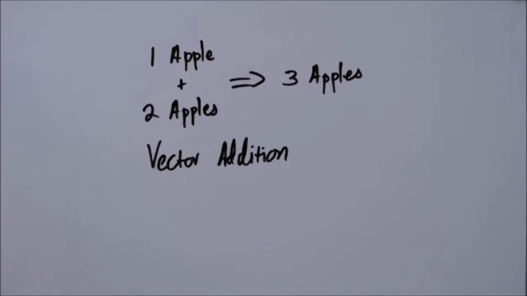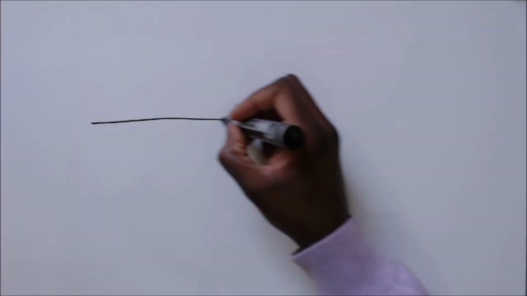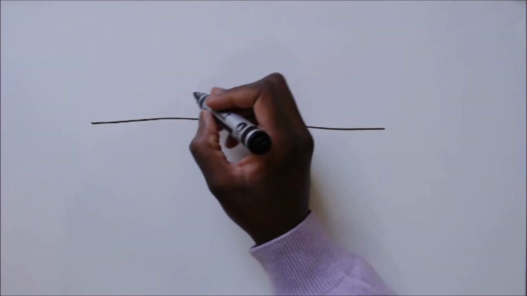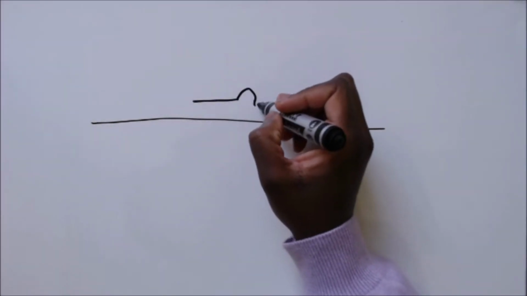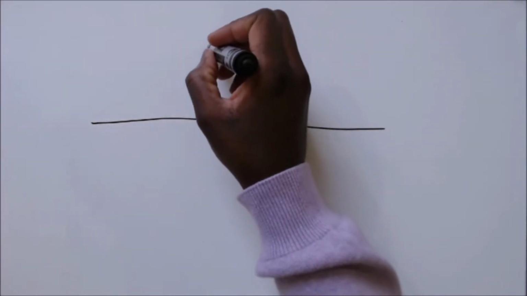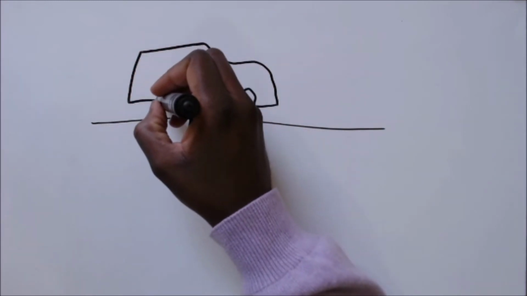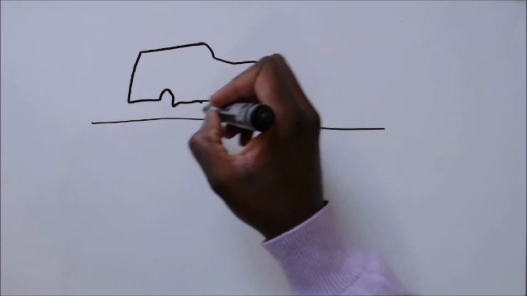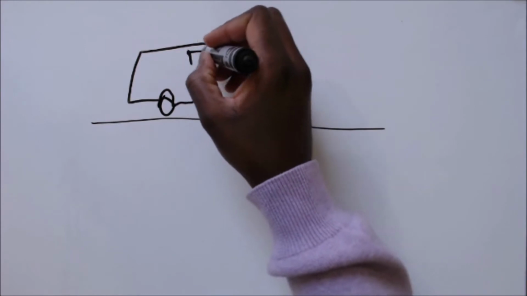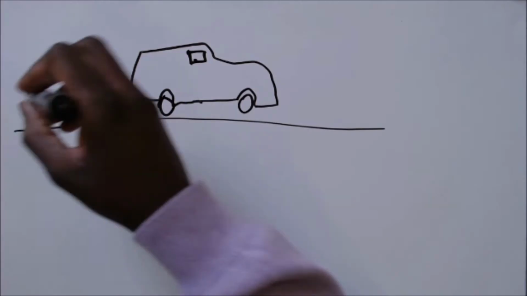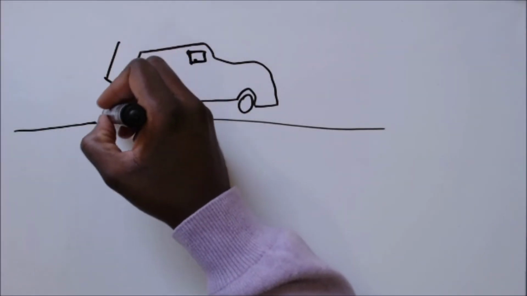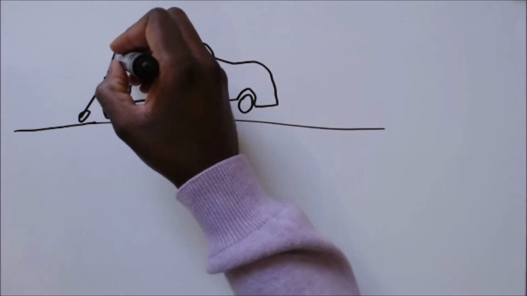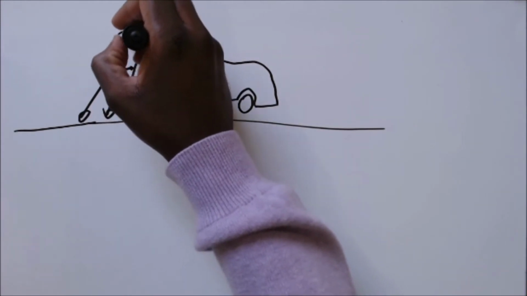The way that we'll explain that is we'll look at an object which is the subject of 2 forces. So let's take Jack. Jack has a car, and his car's got a problem, so Jack needs to push his car. So there's Jack's car, and Jack is going to be over here, pushing his car.